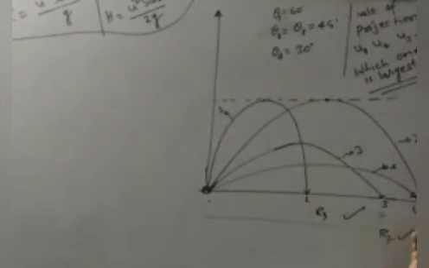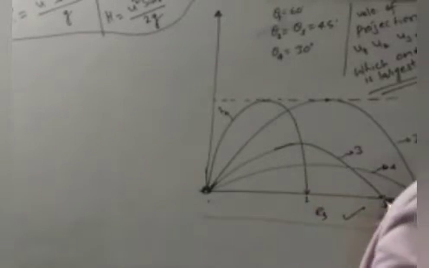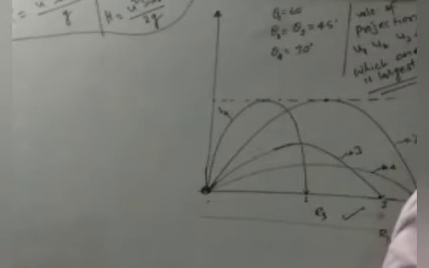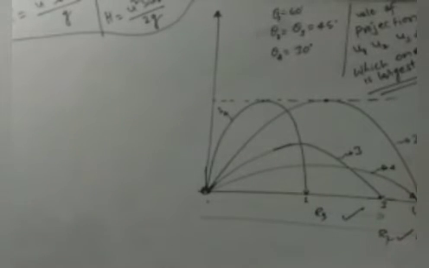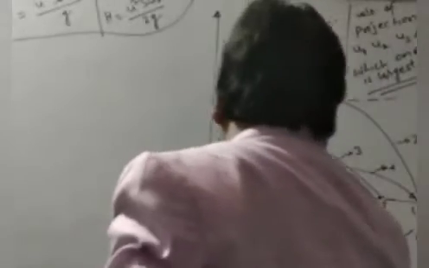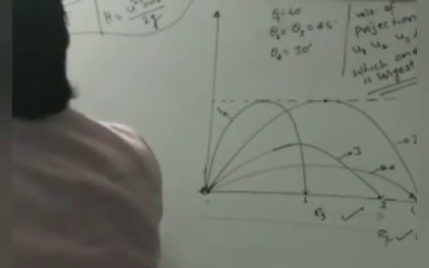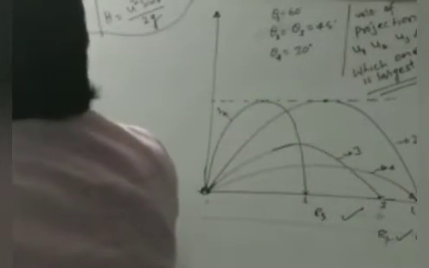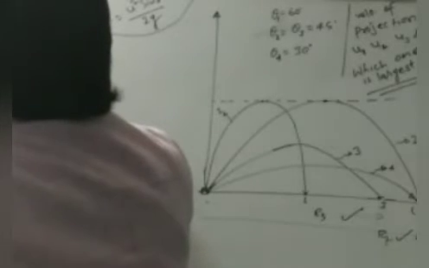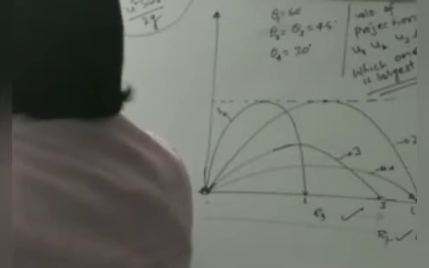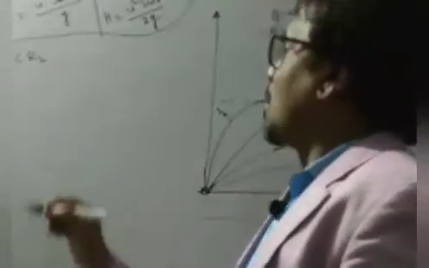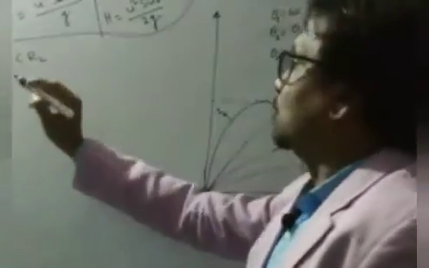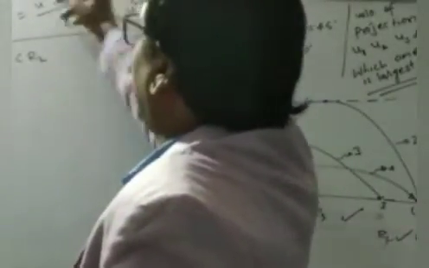Definitely R3 is less than R2. R3 is up till this point, R2 is up till this point. So R3 is less than R2. Just write down R3 less than R2. So formula for R is this.